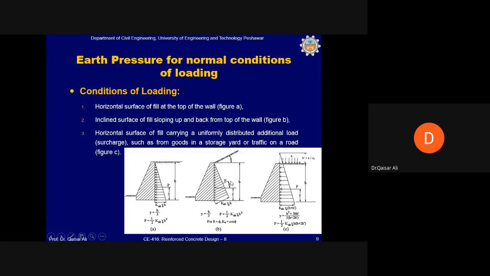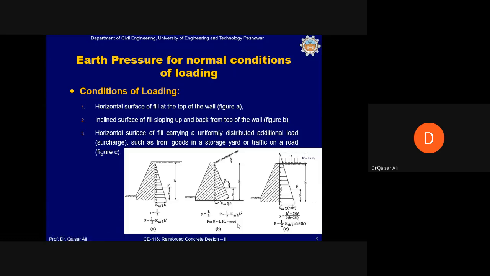Similarly, if we have a backfill, and on top of the backfill there is a surcharge which makes an angle of lambda with the top of the retaining wall, then P can be calculated from this equation, y can be calculated from this equation, and for lambda equal to phi, K active pressure can be taken as cos of phi.